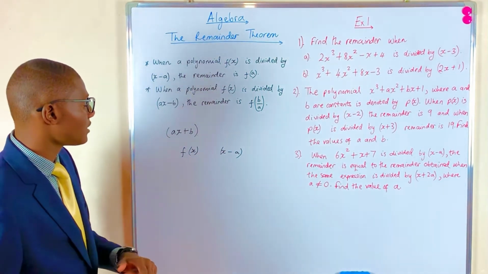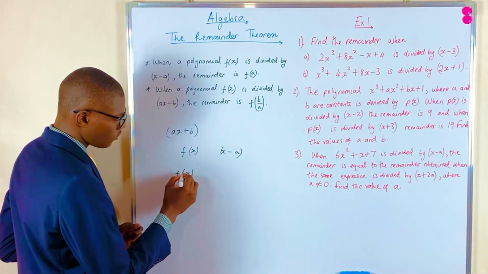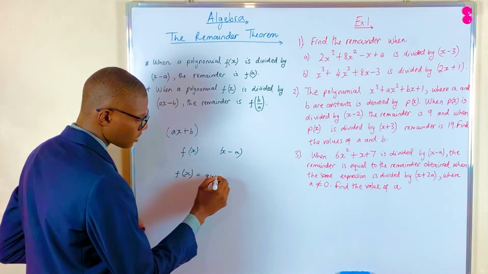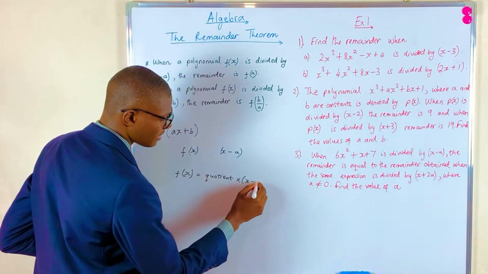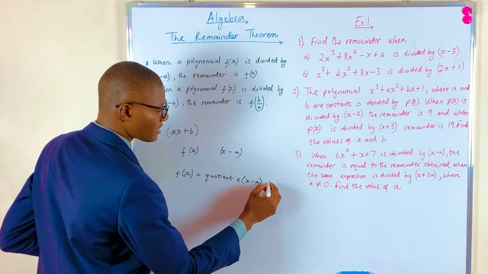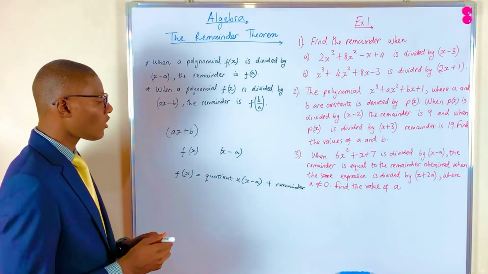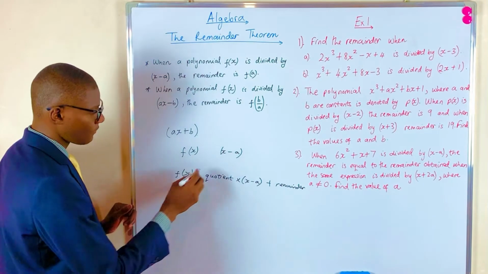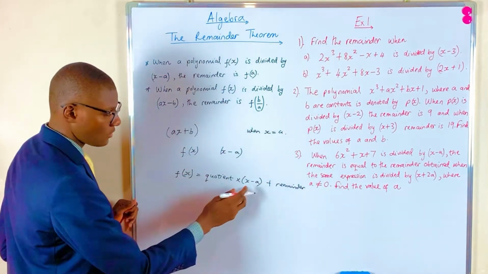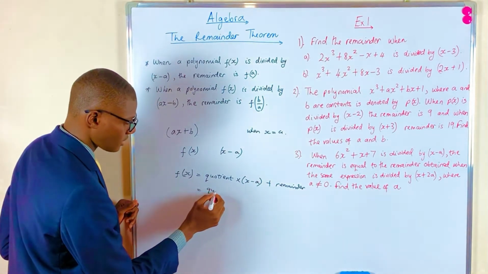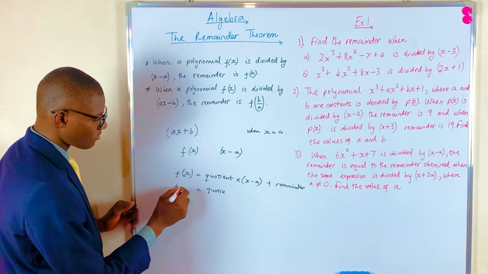for us to get whatever quotient that we get, we know that f of x would be equal to the quotient multiplied by the divisor, which is x minus a, then plus the remainder, right? But now if we say when x is equal to a, this will be f of a.